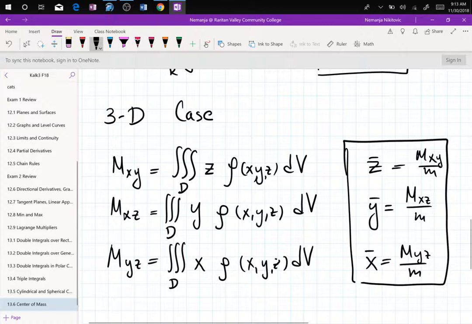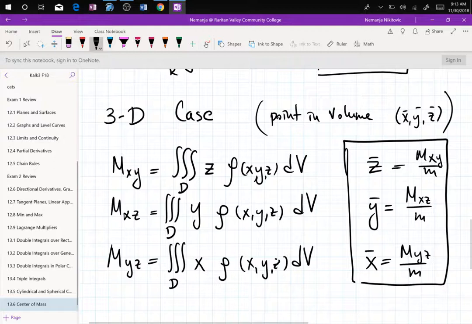So this is where the point is. Point in volume, x bar, y bar, z bar, that will keep everything in balance. Good move.